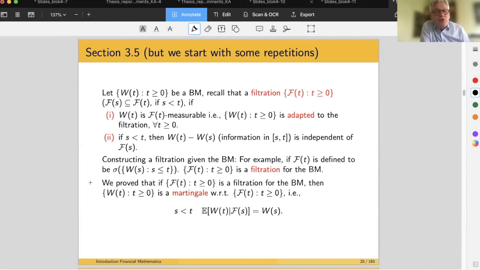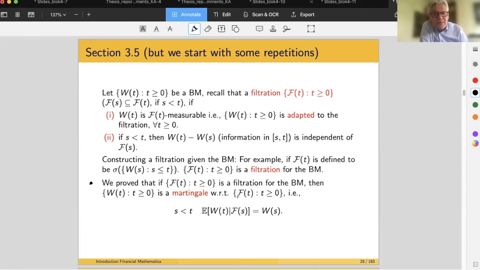So we have proved earlier that if Ft for t greater than or equal to 0 is indeed a filtration for the Brownian motion, then Wt, t greater than or equal to 0, is in fact a martingale with respect to this filtration. It is measurable, first of all, because we know everything regarding this filtration.